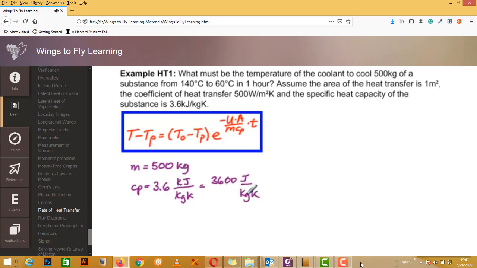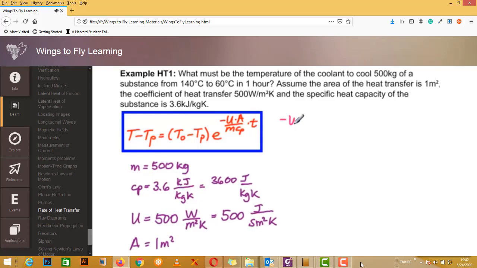So these kilograms will cross those kilograms. The other joule, how we're going to get that? U is 500 watts per meter squared Kelvin. Watt is a joule per second, so 500 joules per second meter squared Kelvin. A is 1 meter squared.